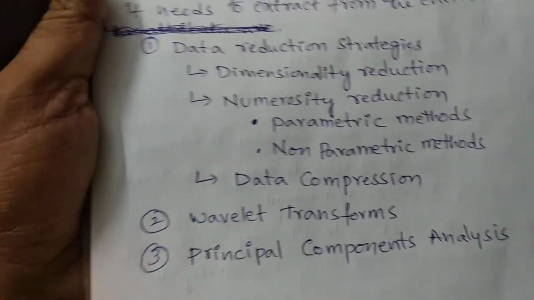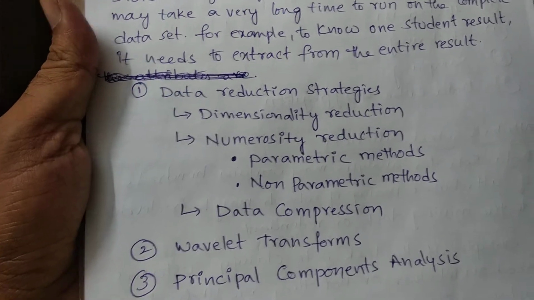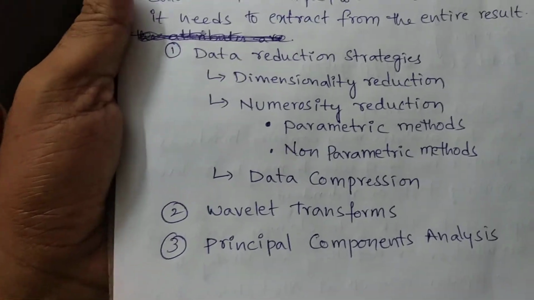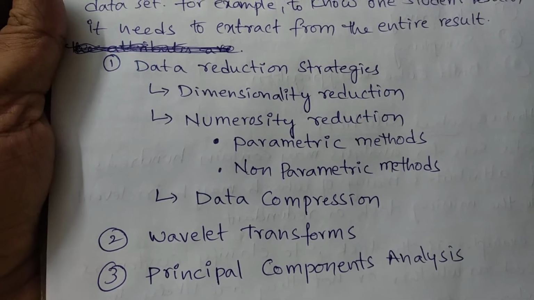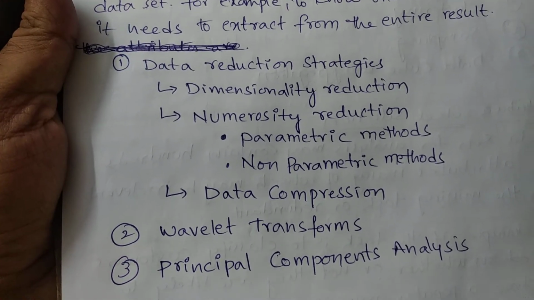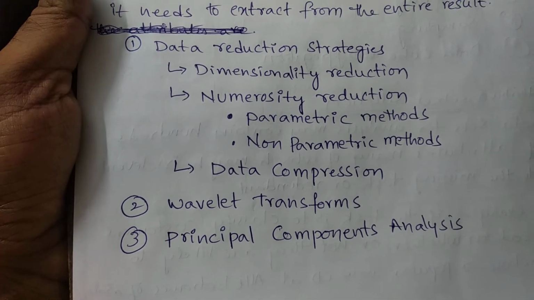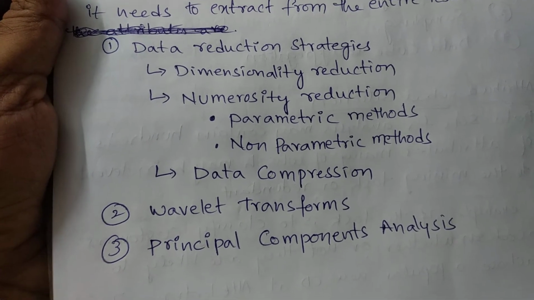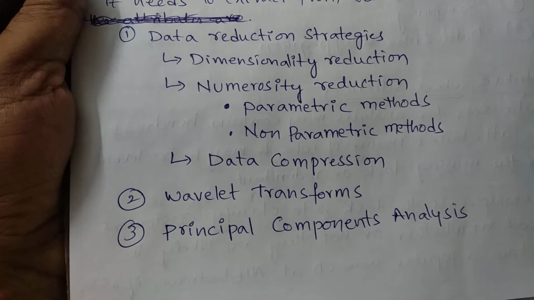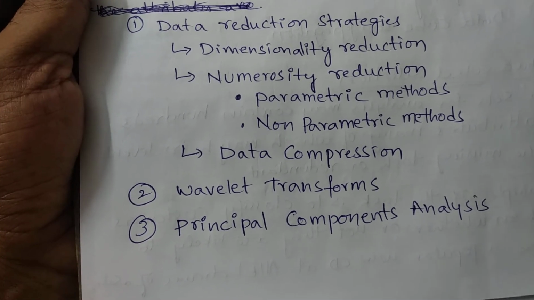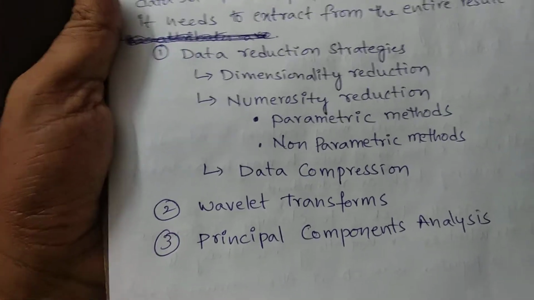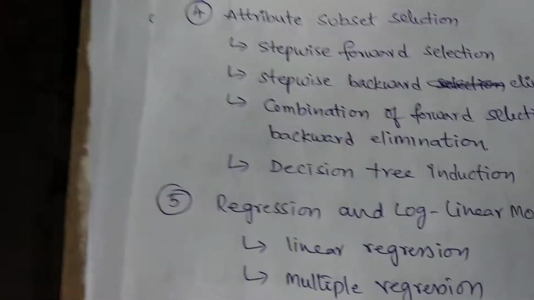Here are some of the data reduction strategies: dimensionality reduction, numerosity reduction, where we have parametric methods and non-parametric methods, and the next one is data compression. For dimensionality reduction we use the wavelet transform and principal component analysis.